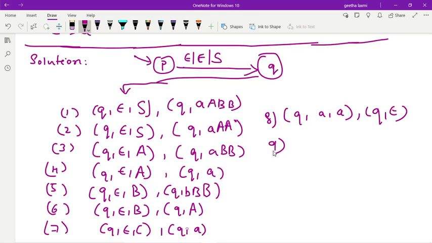Then the ninth rule is q comma b comma b gives q comma epsilon. This is how you can write the PDA transitions. This is the CFG to PDA conversion.